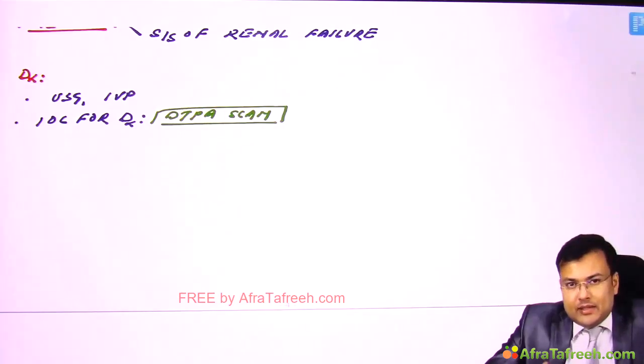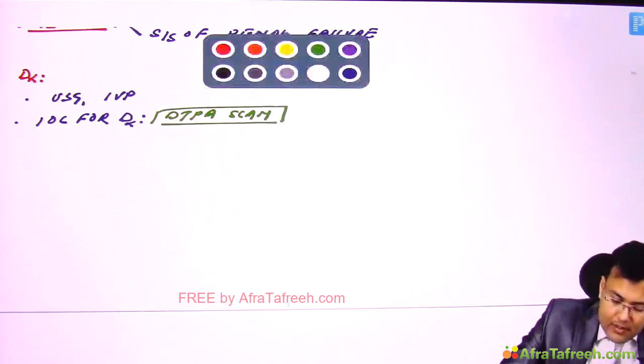Now coming to the management. Here the management depends on the etiology, the underlying cause. And if in any patient the function of the kidney is less than 10%, or it's a non-functioning kidney, in that case we have to go for nephrectomy.